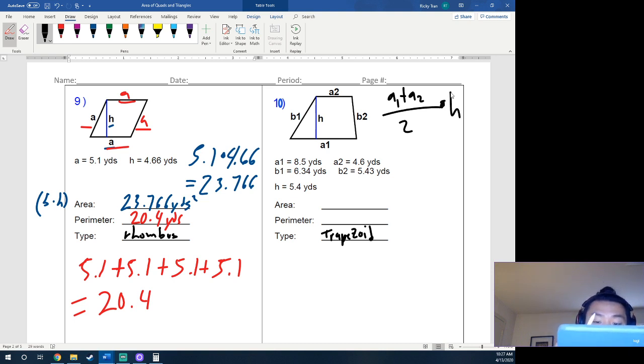Okay, so we need to do A1, which is here and here. So 8.5 plus 4.6 over 2 times the height, which is 5.4.